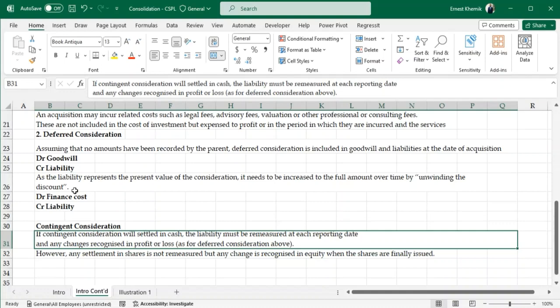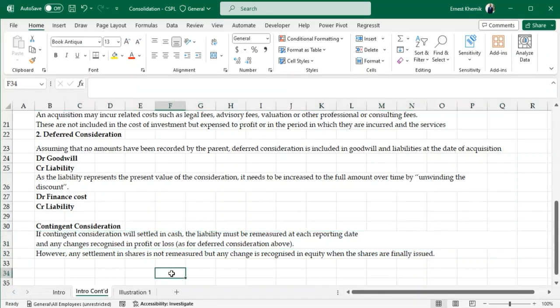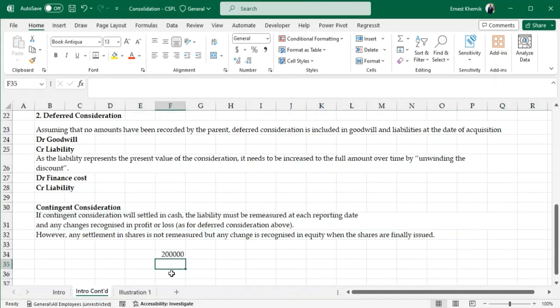So usually it says that the contingent consideration, let's say there is going to be a cash amount of, for example, $200,000 at the acquisition date, so AD there.